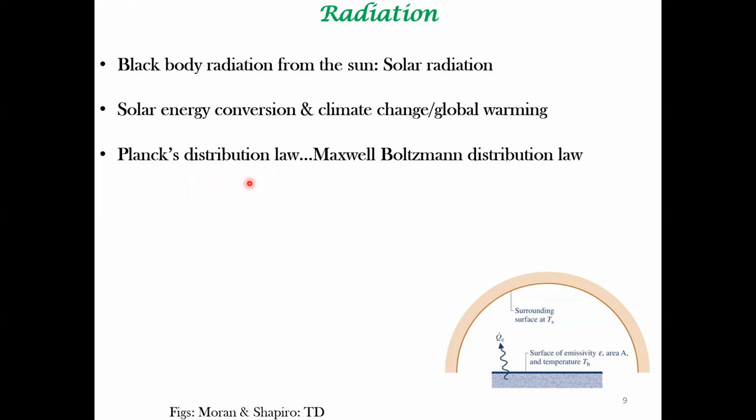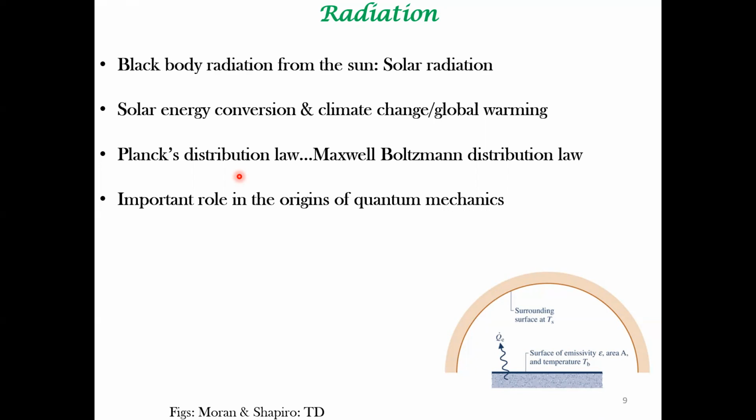This is the equivalent of the Maxwell-Boltzmann distribution law, which you might have seen in your high school. This is very important. All this Planck radiative heat transfer and Planck's distribution law played an important role in the early days of quantum mechanics. Einstein was trying to understand some results of Planck, and it helped in formulating the laws of quantum mechanics.